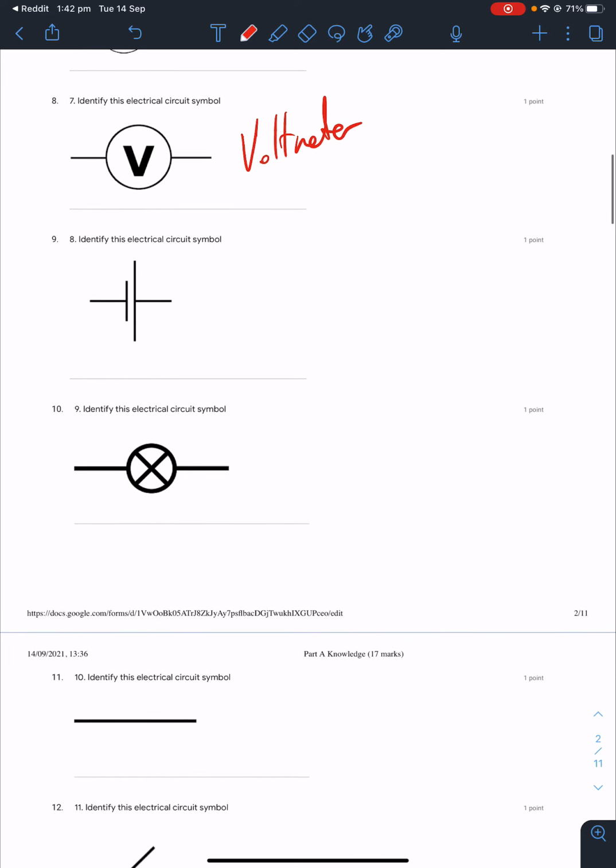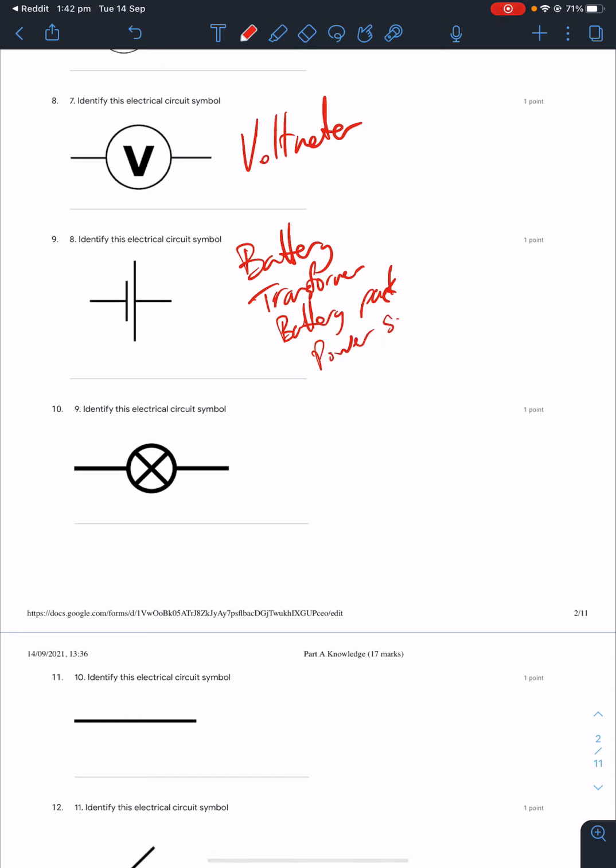And this one here, we accepted a few answers. So you could have used battery or transformer, which we use in the classroom, or battery pack, any of those. There were a few others that we accepted, power source, stuff like that. Any of those variations we all accepted.